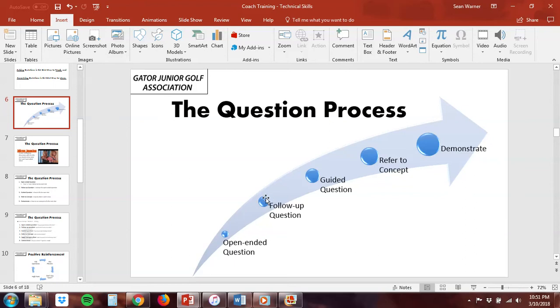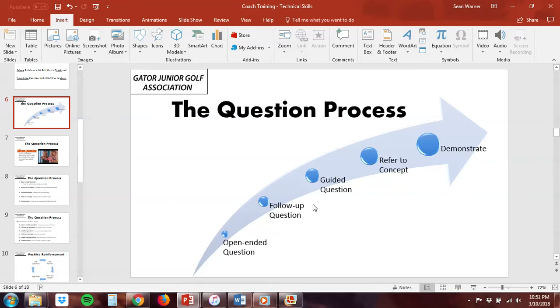So we follow up with another question, maybe restating what we originally said in a different way, to see if they get it. If they don't get it, then we narrow it down a little bit. We go from broad and then start narrowing down the question, so that we try to get the answer we're looking for. We guide them to the answer, but we want to make them struggle a little bit as we go along this process.